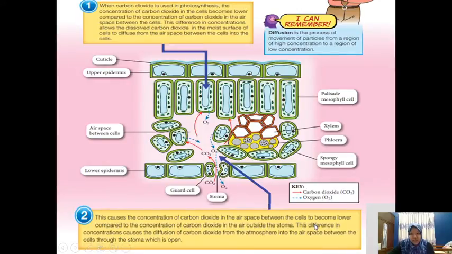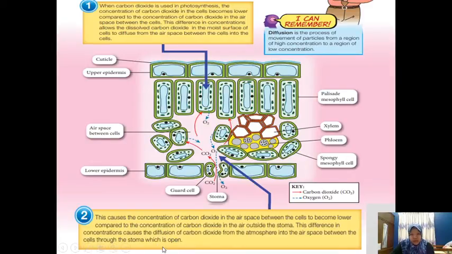Okay, so bila berlaku perbezaan kepekatan, kepekatan di dalam lebih rendah daripada kepekatan di luar. So, perbezaan ini akan menyebabkan resapan bagi karbon dioksida yang berada di atmosfer, maksudnya di luar lah, ke dalam liang udara ni, melalui stoma apabila stoma itu dibuka.